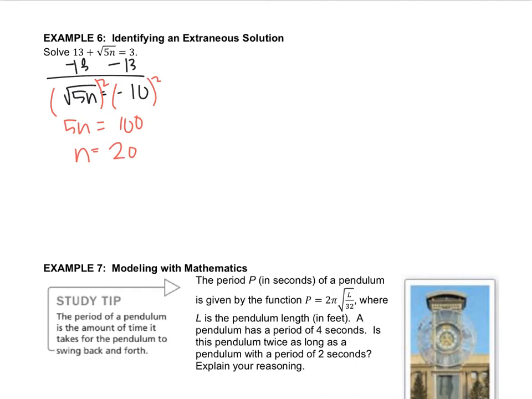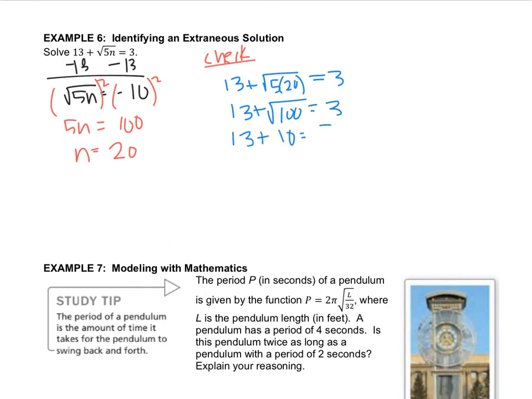Let's go back and check it. 13 plus the square root of 5 times 20 equals 3. So that's 13 plus the square root of 100. But that's not true, because the square root of 100 is 10, and obviously 23 does not equal 3.